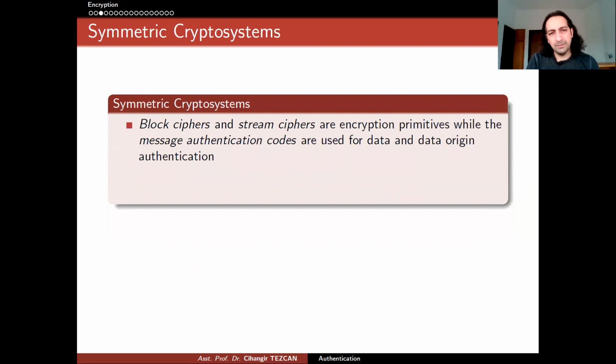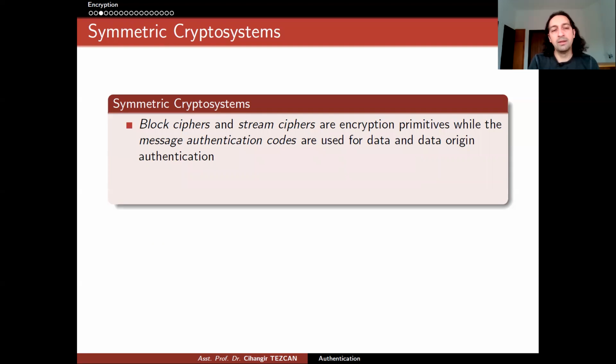Symmetric key cryptosystems can be divided into two for encryption, which are block ciphers and stream ciphers. These are encryption primitives, but message authentication codes are used for data and data origin authentication. In message authentication codes there is no encryption, but you provide data and data origin authentication.